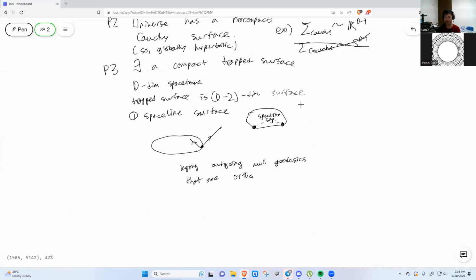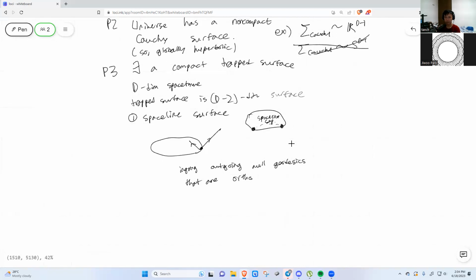You probably define them with respect to the orientation of this manifold, I'm guessing. It doesn't really matter; if one of the directions goes in, do it however you'd like. So these are the null geodesics that are orthogonal to the trapped surface.